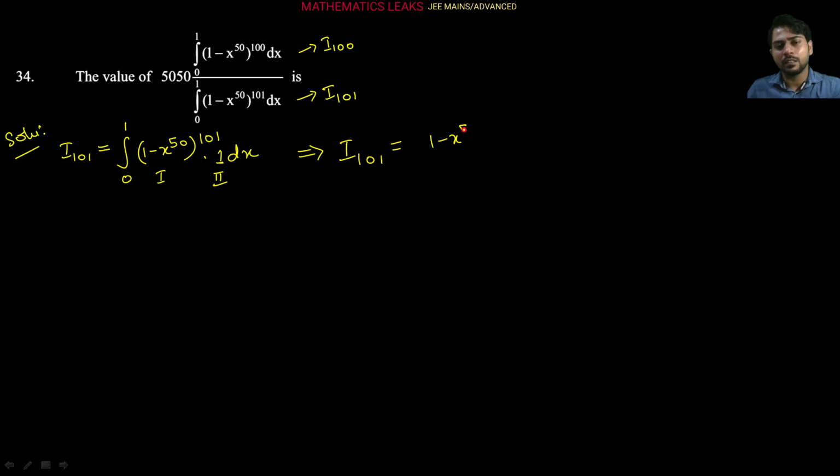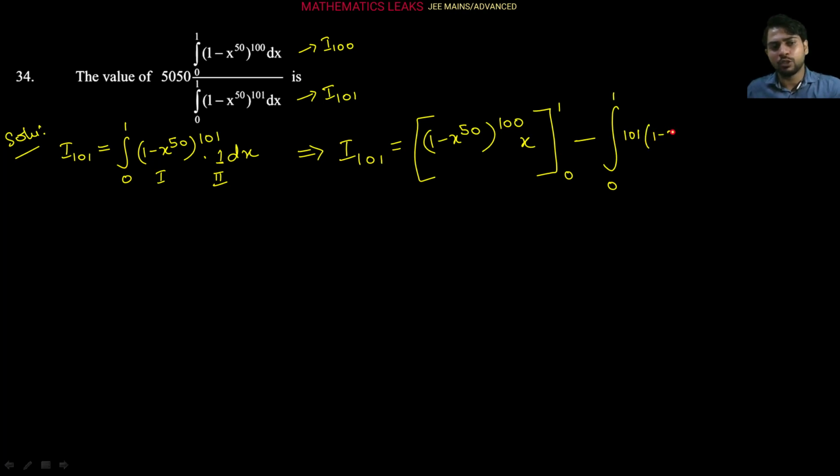So here on using integration by parts, we can write down I101 is equals to first function as it is, second function integration. So one integration is x, right? 0 to 1 is this integration taking place, right? Minus integral 0 to 1 of first function differentiation. So first function differentiation when we are doing, so 101 times (1 minus x to the power 50), and this is 101 minus 1 is 100, right now.